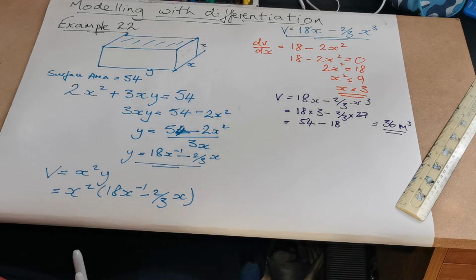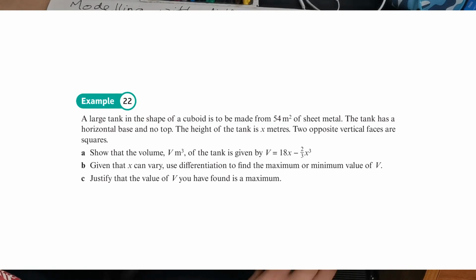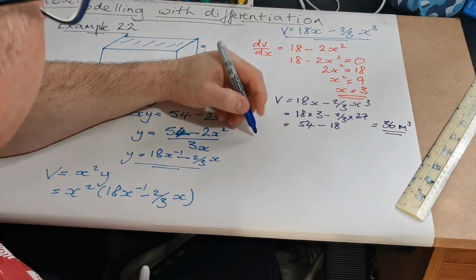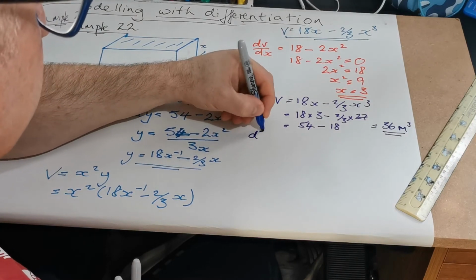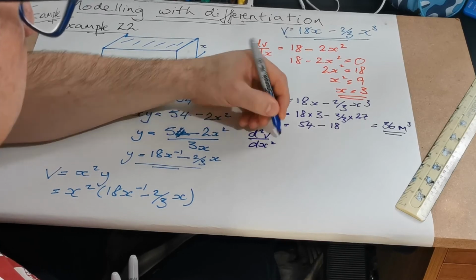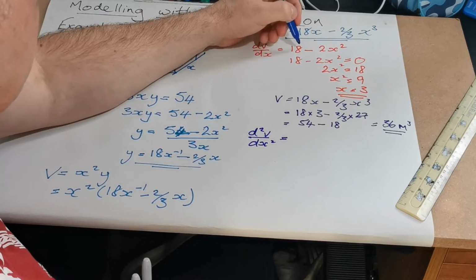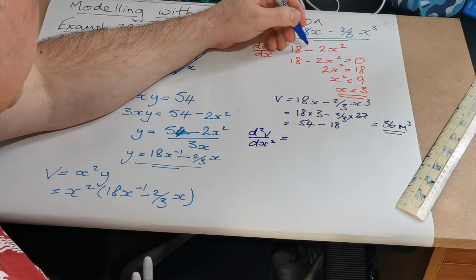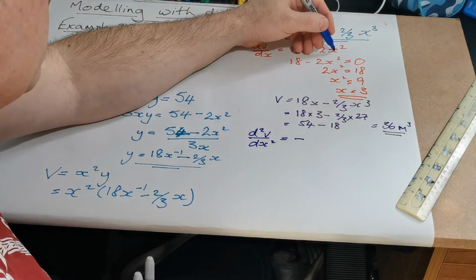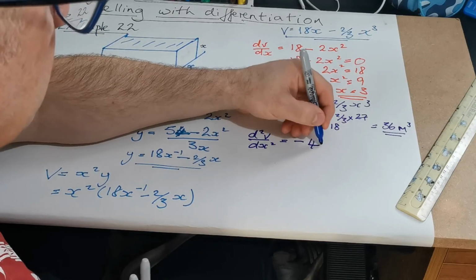Now question C goes on from there to say, justify that the value of V you have found is a maximum. So we need to find that it's a maximum, so I'm going to look at d2V by dx squared, the second differential. I differentiate 18, that disappears. I've got minus, and then the 2 comes down and reduce the power by 1, so that's minus 4x.